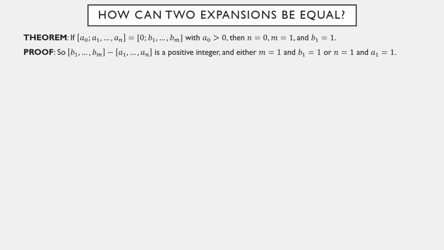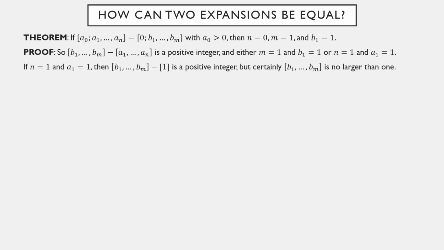Okay, so if we assume the hypothesis of this theorem, what we've derived is that this continued fraction minus this one is a positive integer. The only way these two continued fractions that don't have, note, an integer part on them, the only way their difference can be a positive integer was the length of this expansion is exactly 1 and it ends in a 1, or this one ends there and also ends in a 1.